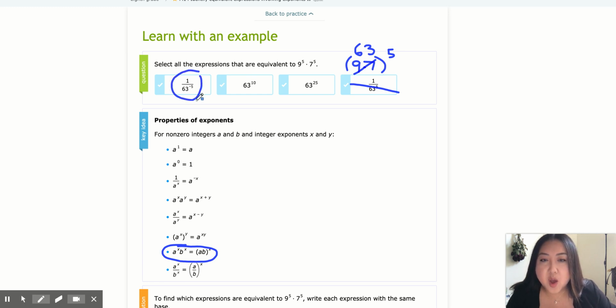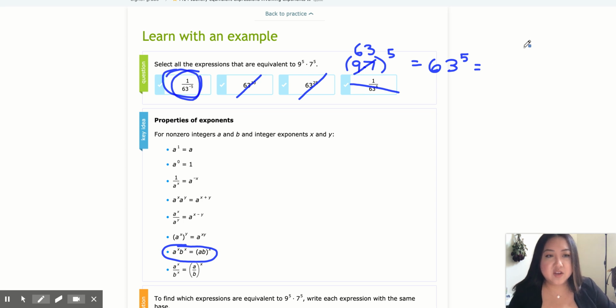All right. Why would it be the first one? Well, first of all, it's not these right here because it's the wrong powers. It is the first one here because this is 63 to the 5th power. If I want to change it into a fraction, it would look like this one right here. Remember, if you change it to a fraction, it's always 1 over whatever the number is, and then we would change the power.